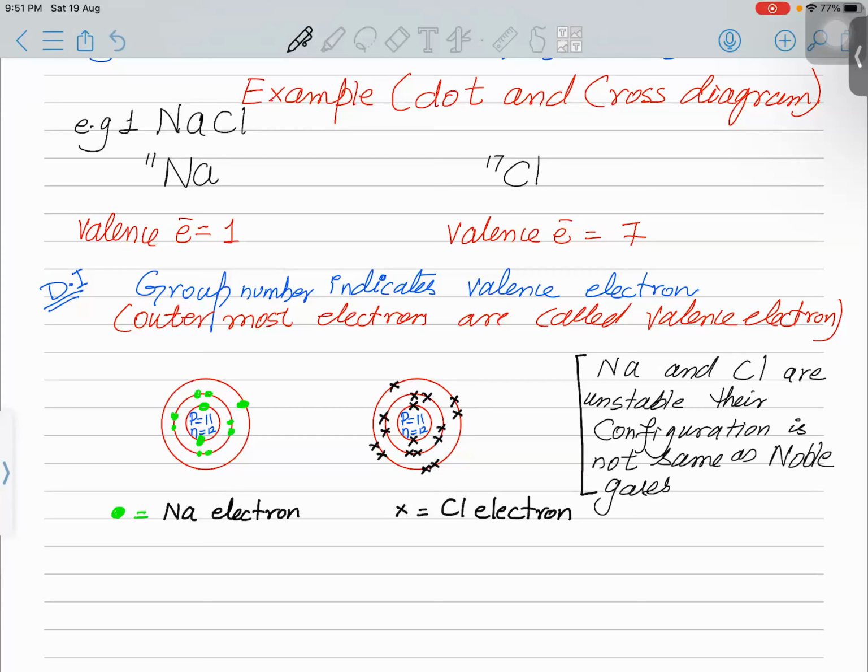Group 8 is called noble gas. Their octet is not completed.